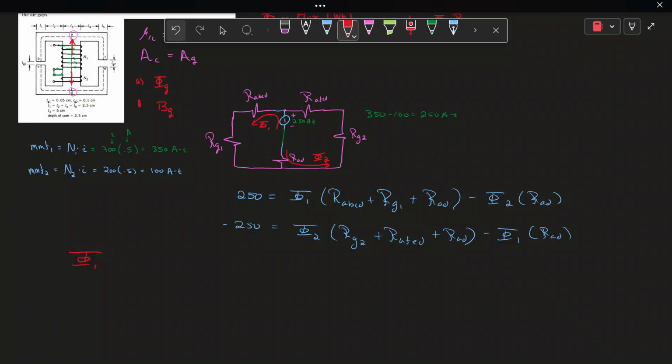So flux 1 times ABCD plus RG1 plus reluctance AD, minus flux 2 reluctance AD, equals minus, and I'll actually start with flux 1 because it's going to be minus a negative, which is positive, minus flux 2 and reluctances.